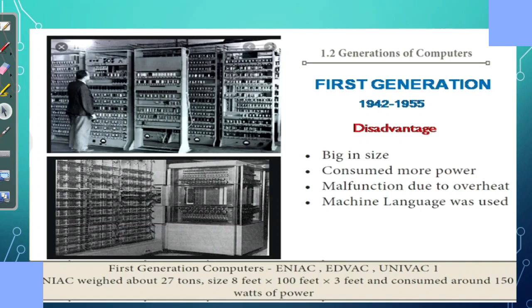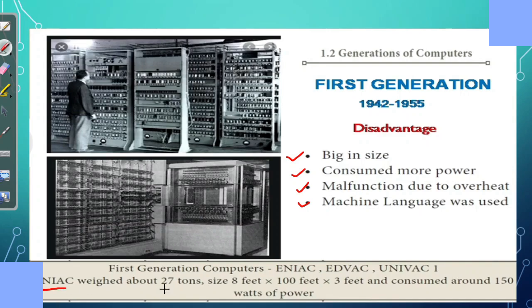Major disadvantages: the size is very big, power consumption is very high, and due to overheating, malfunctions occur. Only machine language was used. ENIAC, EDVAC, UNIVAC 1 are the various models of the first generation.